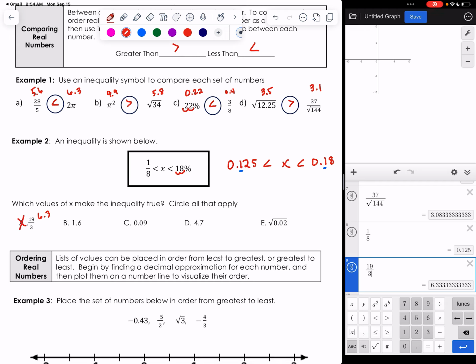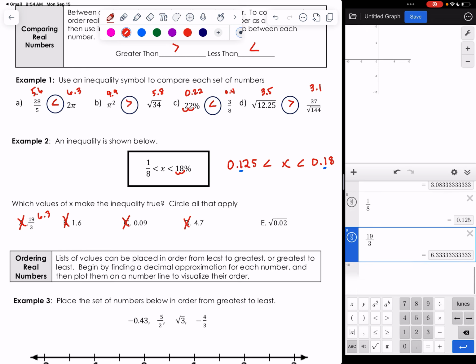So it's not going to be A. All right, B, 1.6. Still, that's way too big. Okay, 0.09. No, not big enough. All right, 4.7. Nope, too big. And so we hope it's going to be E.